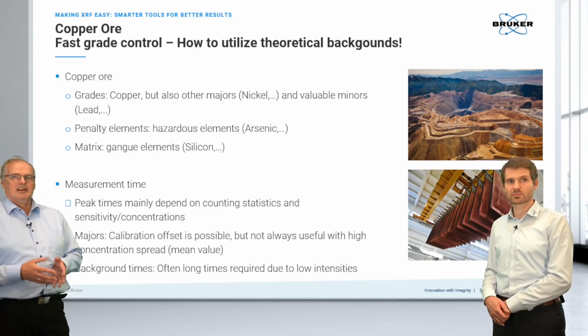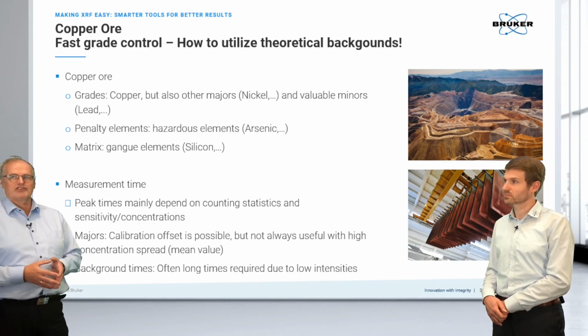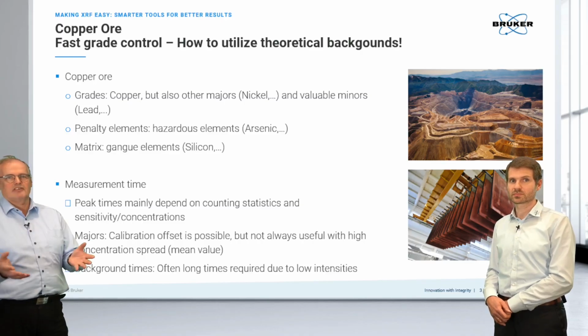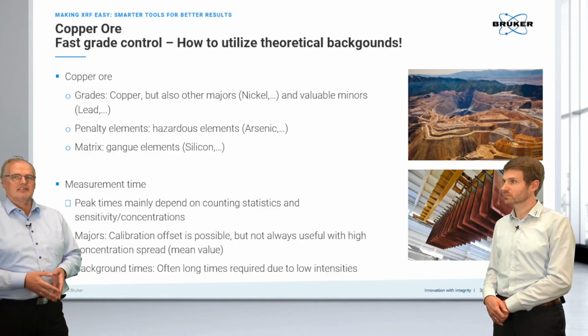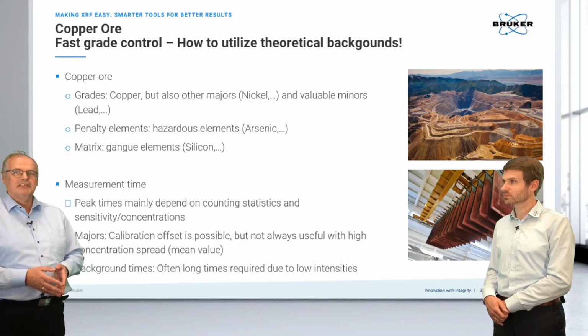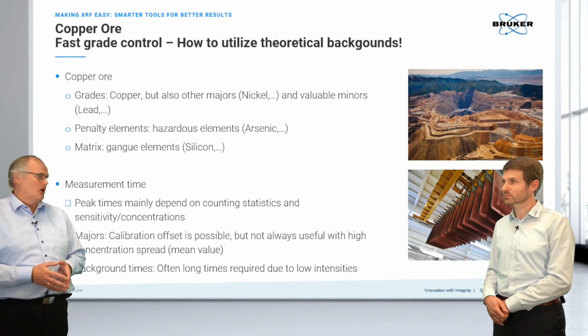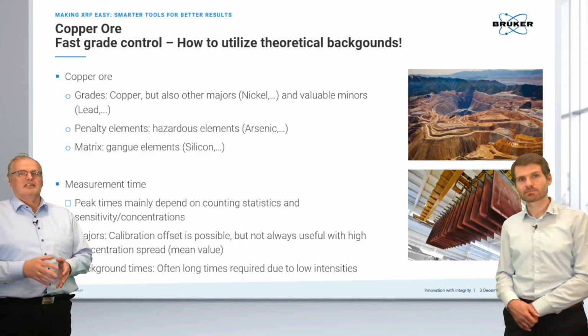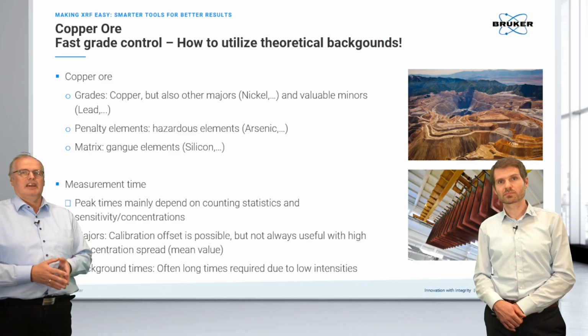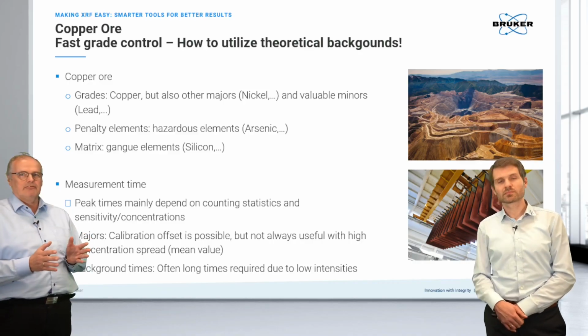And of course, when we look at the mining operation, a central lab in a mineral processing plant, we have tons of samples. So typically we go for peak times that depend on counting statistics. This is an advice: you need to define the precision you're looking for.